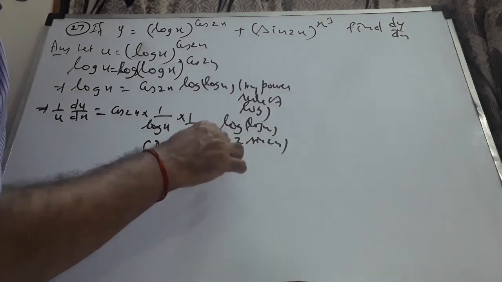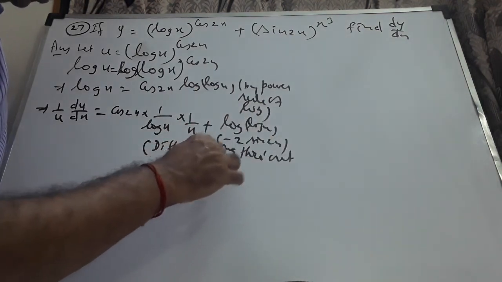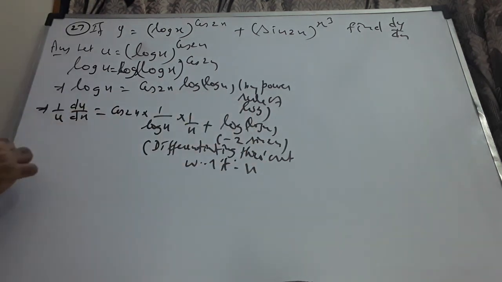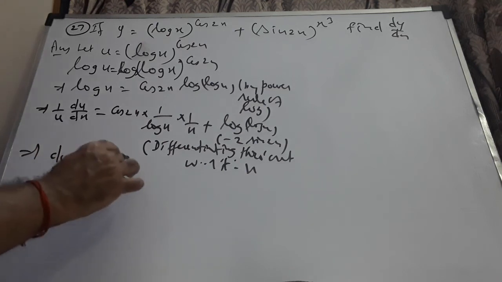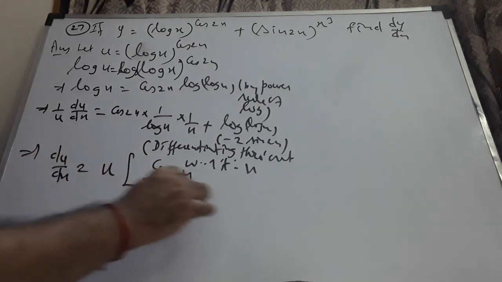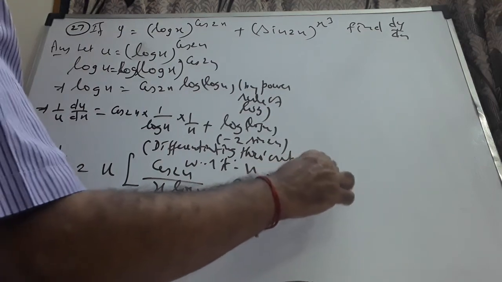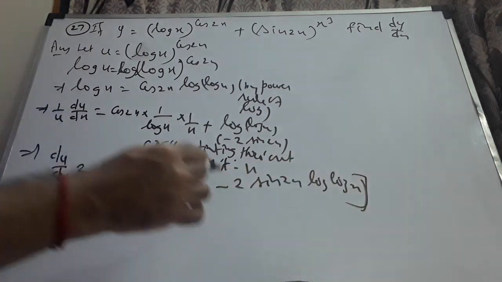Okay, which will imply du by dx will be is equal to u into cos 2x divided by x log x minus 2 sin 2x into log x.